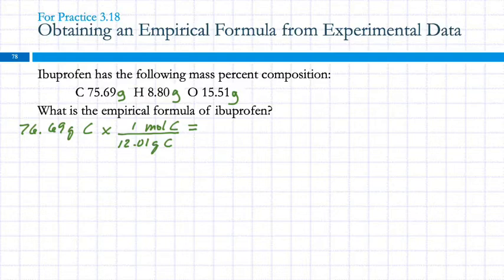And so then 75.69% of 100 is 75.69 grams. So my mass there has 4 sig figs, so I'm going to keep 4 significant figures in my answer here, and this 5 rounds up to a 6. So there I've got moles of carbon.